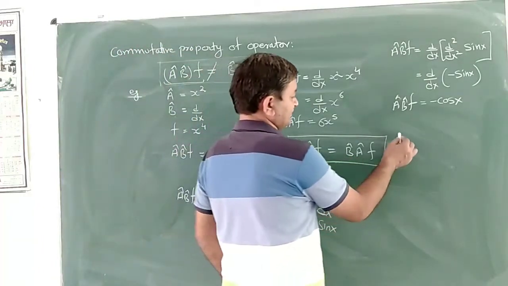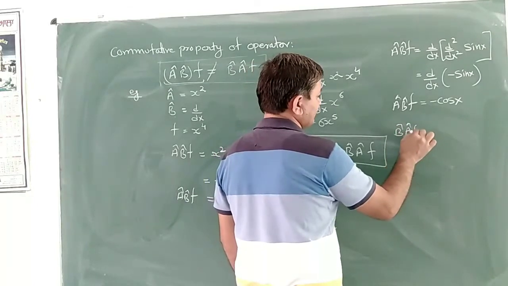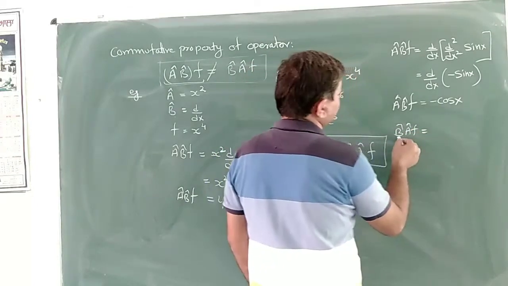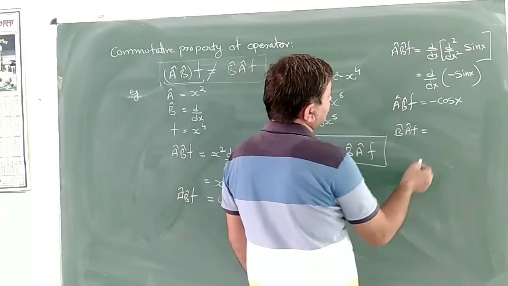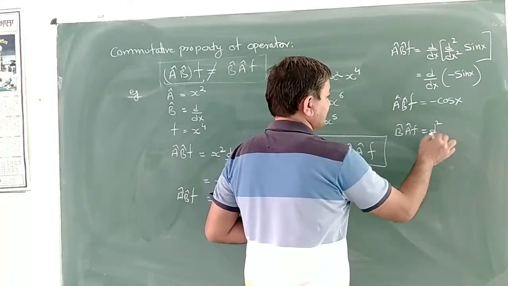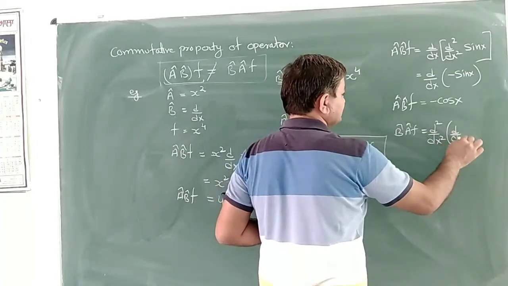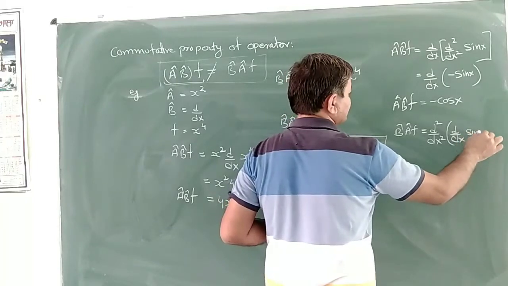तो therefore that will be equal to this B operator, this A operator and F will be equal to B operator जो है यहाँ पे is equal to है d square divided by dx square and here is the d by dx and here is the sin x.